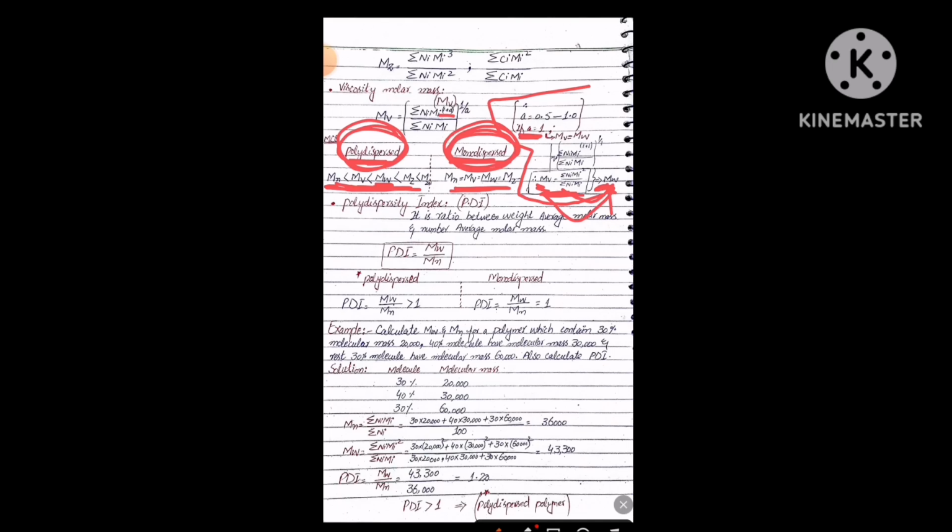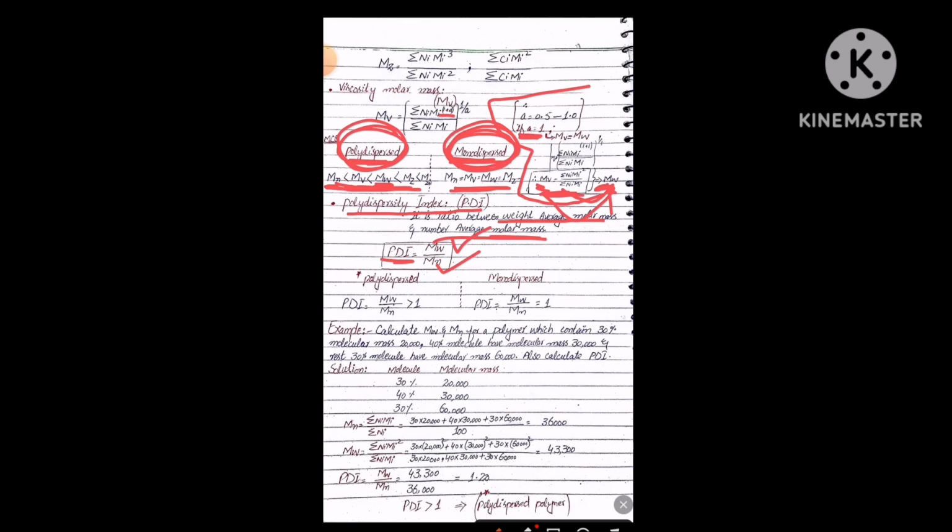The last content is the polydispersity index, PDI. Students, it is a ratio between the weight average molar mass, Mw, and the number average molar mass, Mn. The ratio between these is said to be the PDI, polydispersity index.